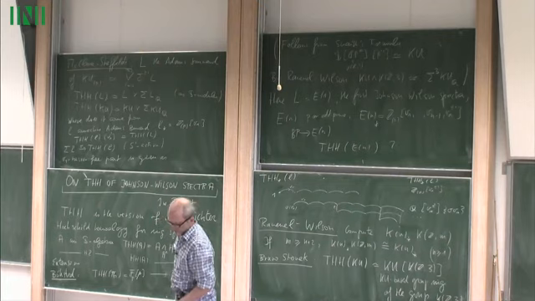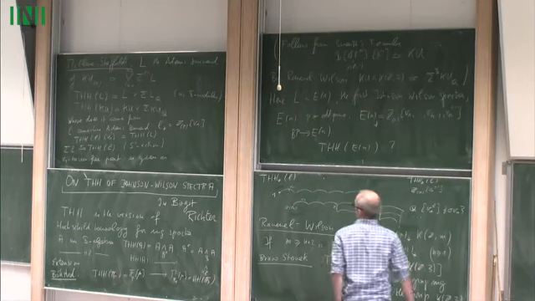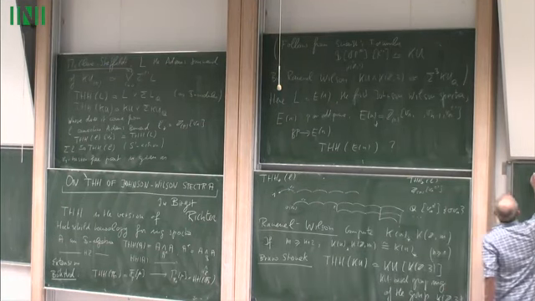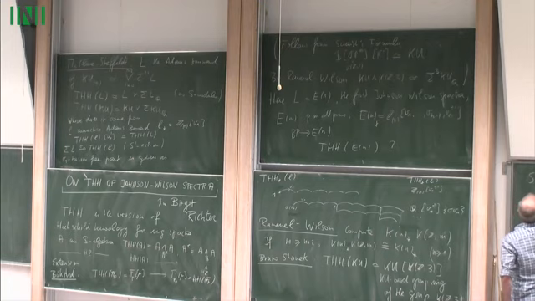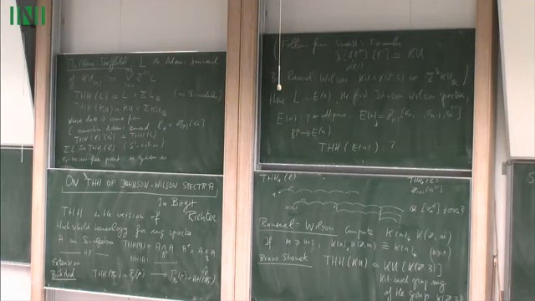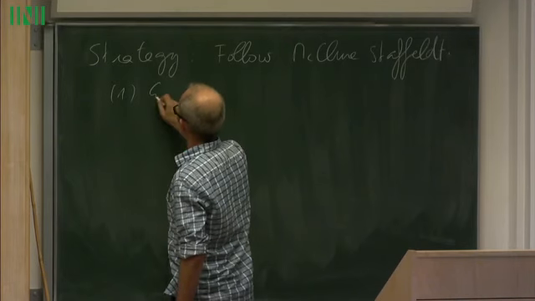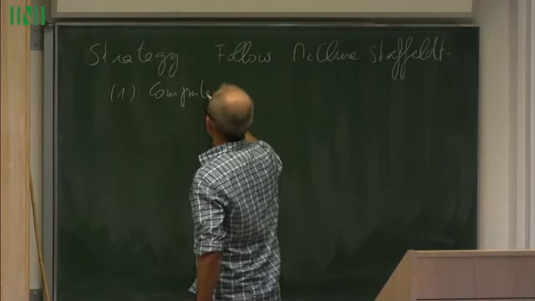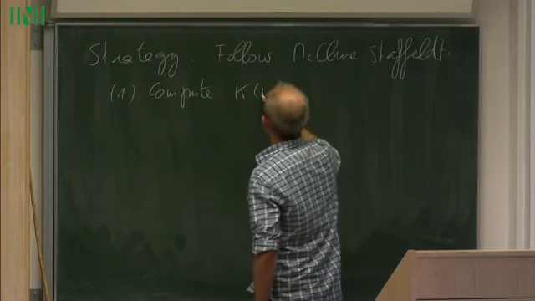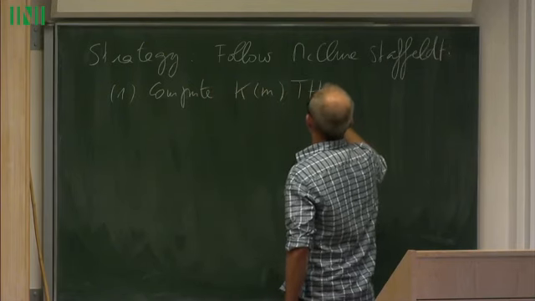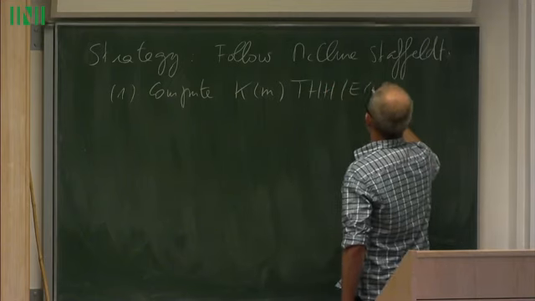Okay, so the strategy that we chose to follow is the one of McClure-Staffeldt. So first you compute all the Morava K-theories.